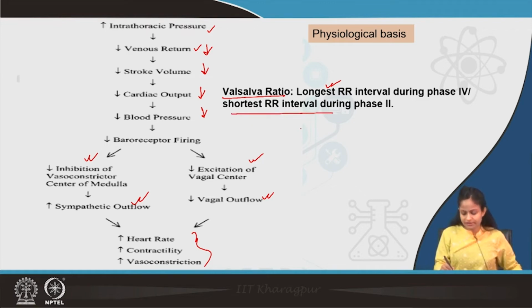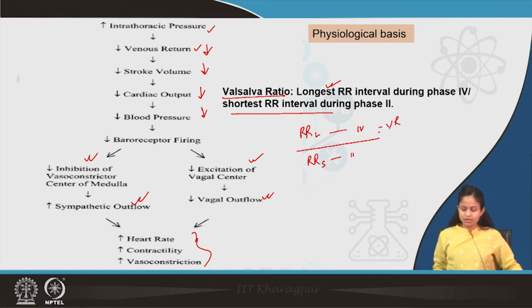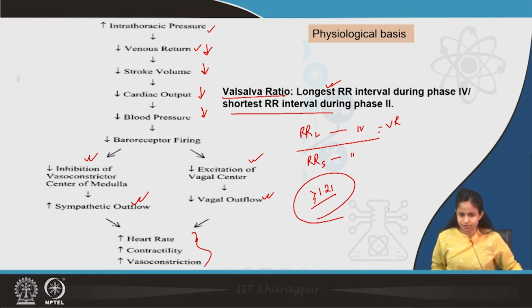The longest RR interval in phase 4 divided by the shortest RR interval in phase 2 will give the Valsalva ratio, which usually is more than or equal to 1.21. So, this is the normal Valsalva ratio which we get. Now, if the person is not able to do this test, you have to instruct the person properly how to do it and repeat the test if it has not been done properly.